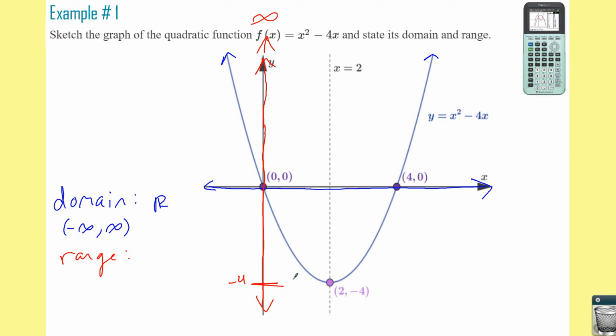We read it from smallest to greatest, so we go from -4 to infinity. We put a bracket around -4 because we were actually at -4. We actually got down that low. But we did not get to infinity. You don't go to infinity and go, oh, I made it. So you put parentheses around it.